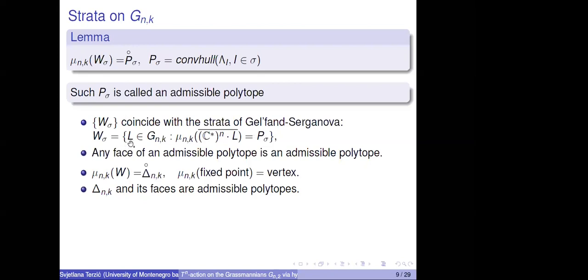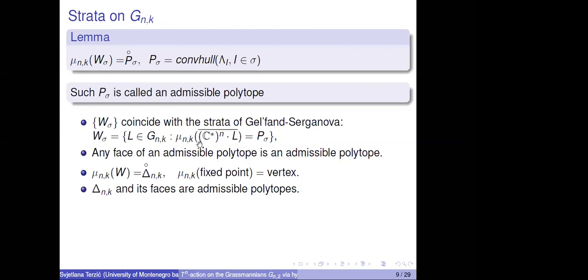One definition is that the stratum consists of all points from G(n,k) whose algebraic torus orbit closure, which is a toric manifold, maps to the same polytope.